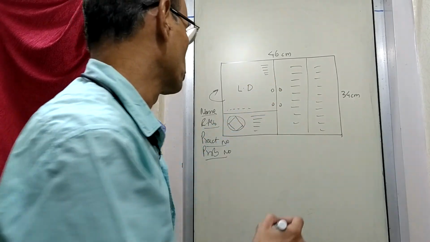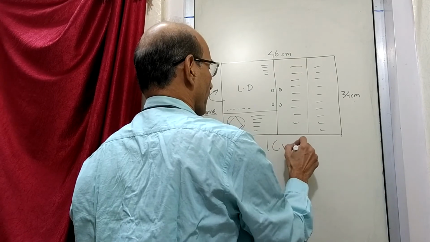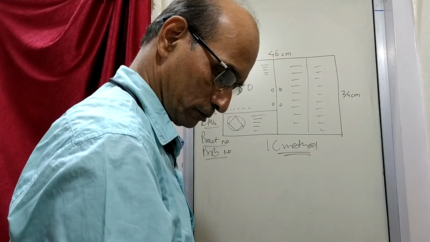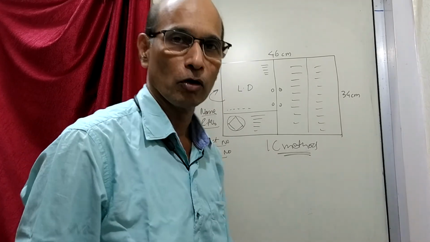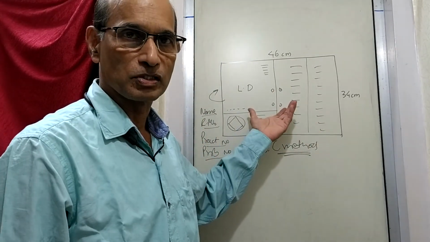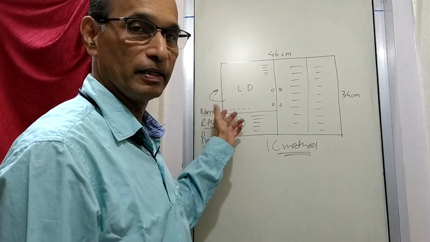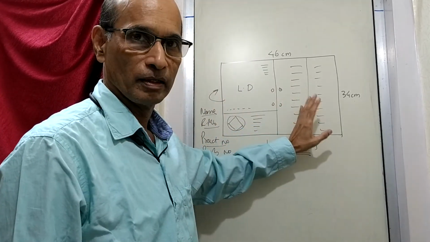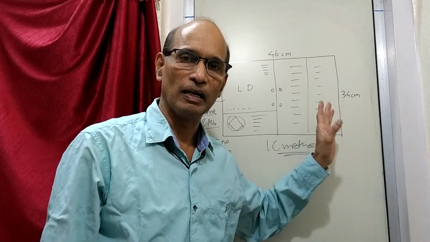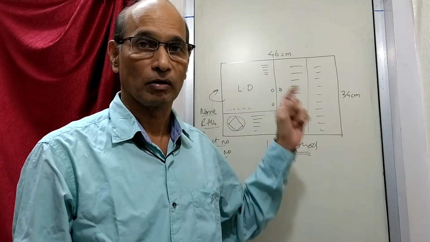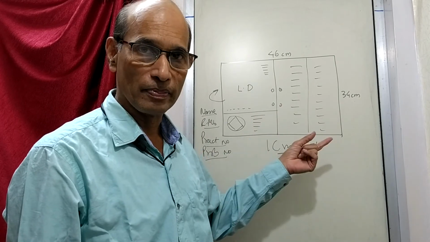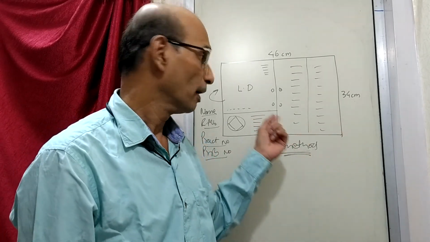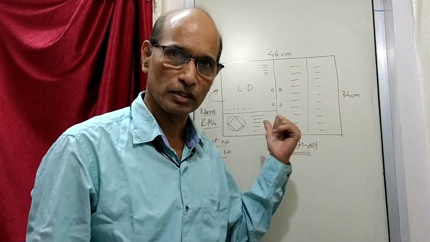This is what I have shown for the IC method. You can follow the same pattern even for balancing if you have not done it still. If you have already done it, don't change it, let it be as it is. From now onwards, whatever is to be done, follow this method, especially for the polygon method and the IC method. Okay, so just make a note of this.